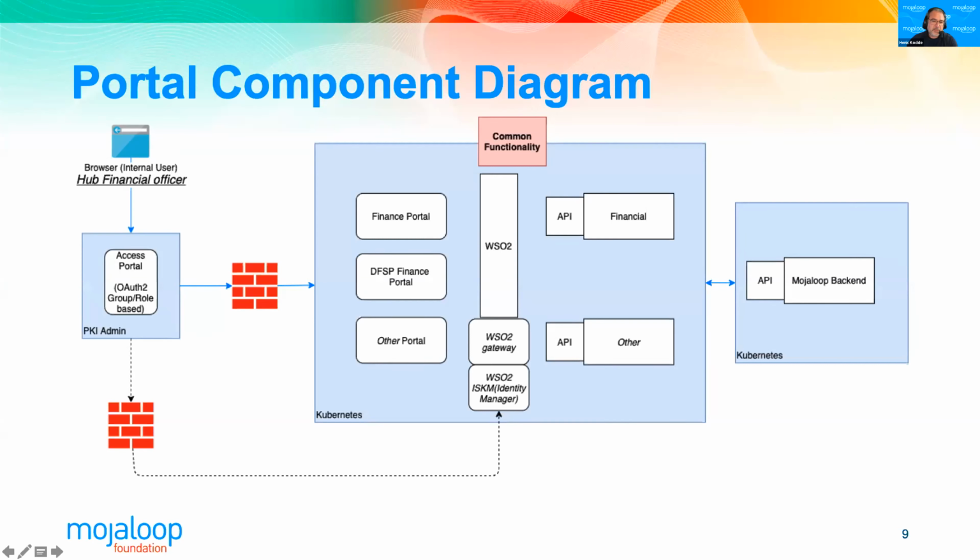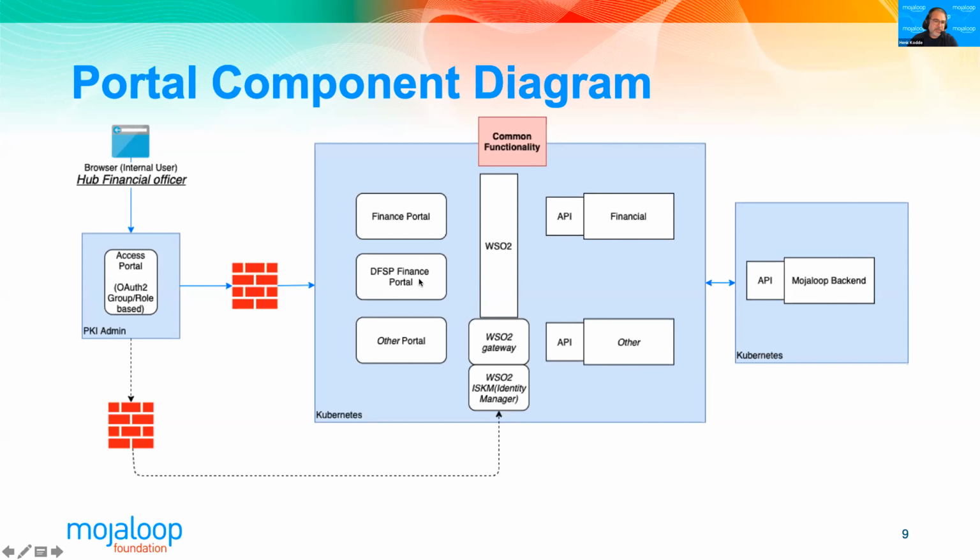They would then come into the system via the necessary security checks, the firewalls and so forth, and they'll be able to access the UI, that is going to be the financial portal, maybe for the hub in this case, and they'll be able to access the financial API and then interface into the Mojaloop backend.